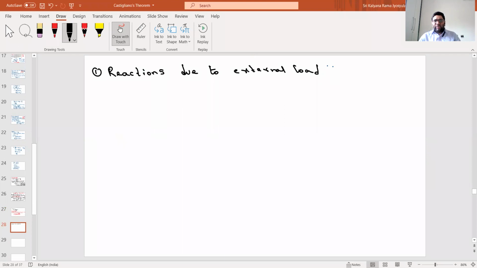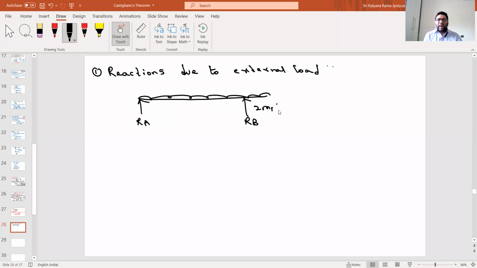Once again, we will sketch the entire beam and then solve the expressions for RA and RB. So this is the total load acting on the beam. So we have RA, we have RB.